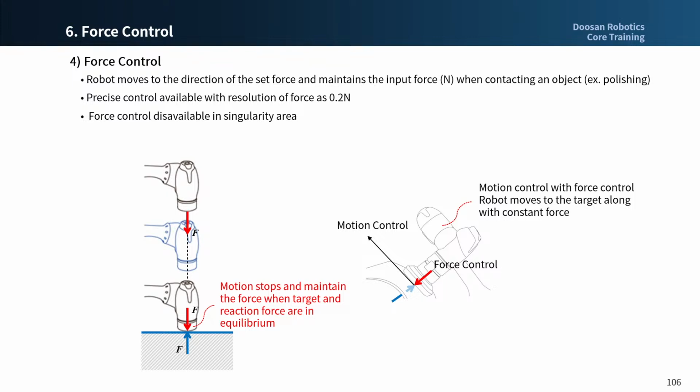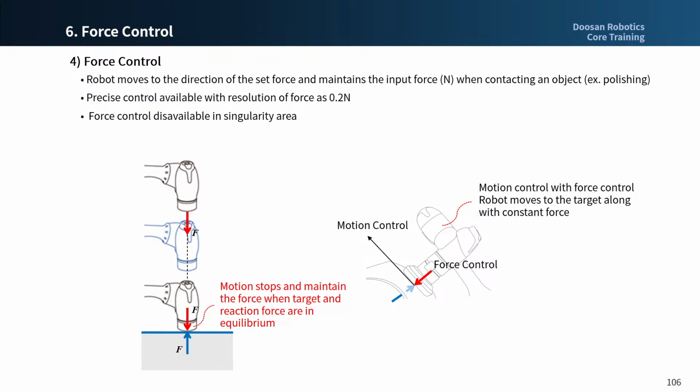Next is the force control. This function allows the robot to move toward a set force direction and maintain a constant force when it is in contact with an object.